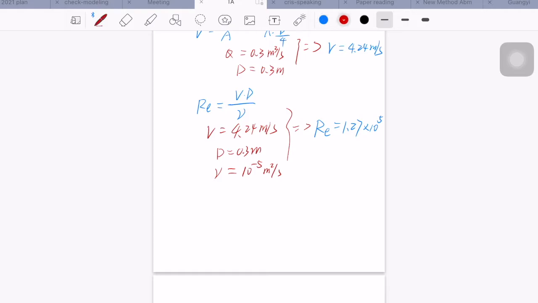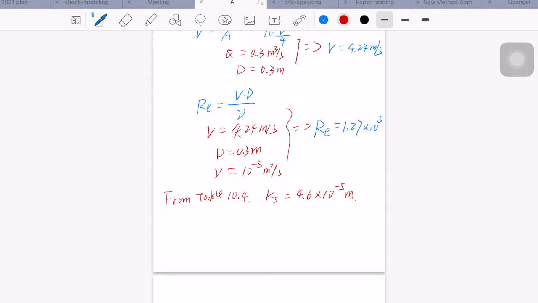And from table 10.4, we can find the Ks should be equal to 4.6 times 10 to the power of negative 5 meters.